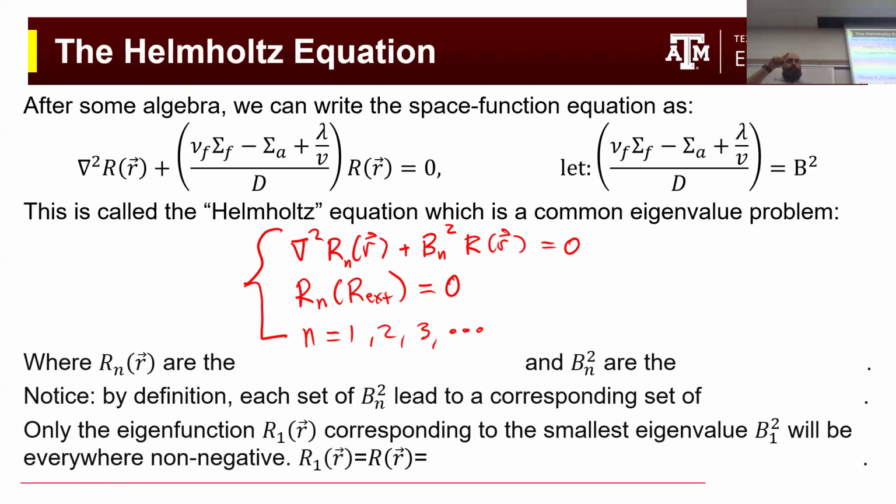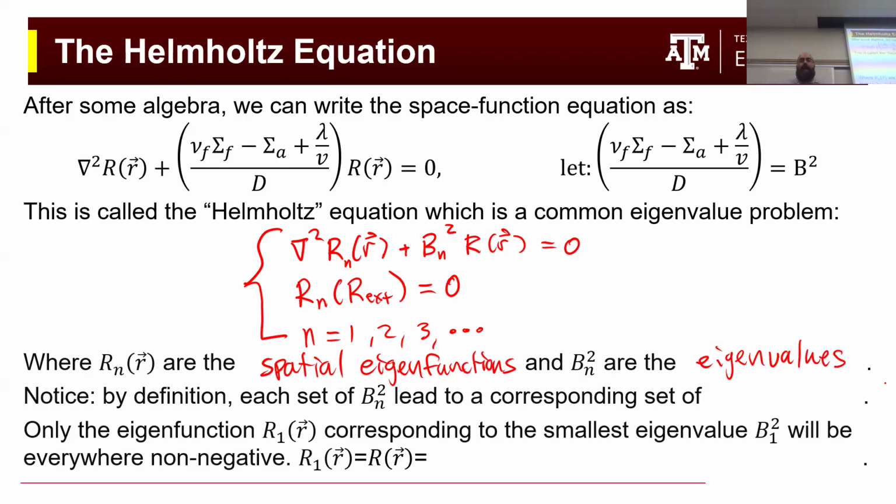And so those R of r's are called the spatial eigenfunctions. And those Bn squareds are the corresponding set of eigenvalues. Because we had set this constant that we had introduced before, the lambda constant, everything else that appears in this B equation is a property either of the materials or of what the neutrons are doing.